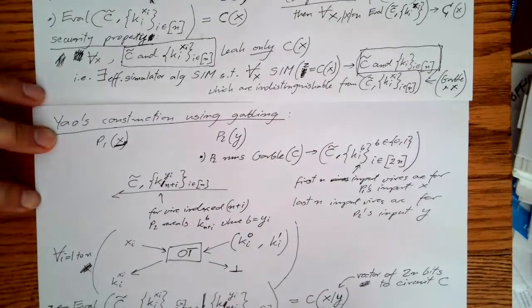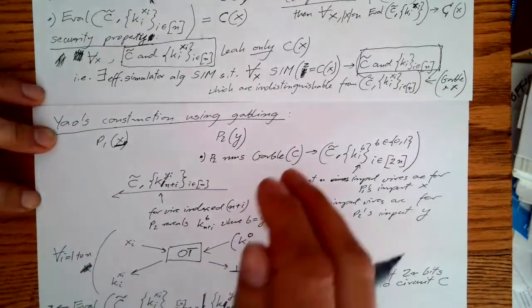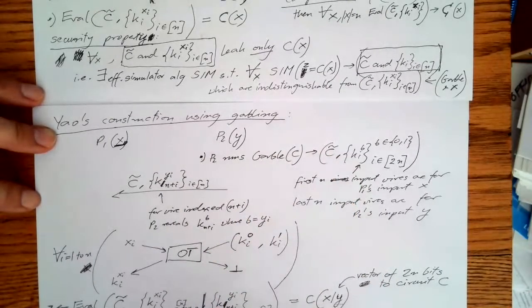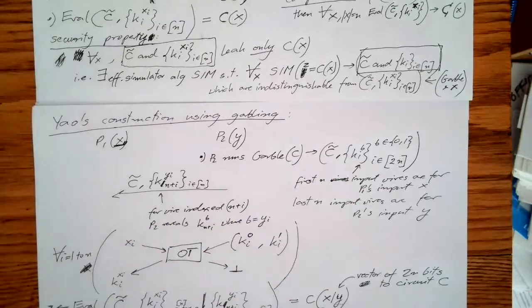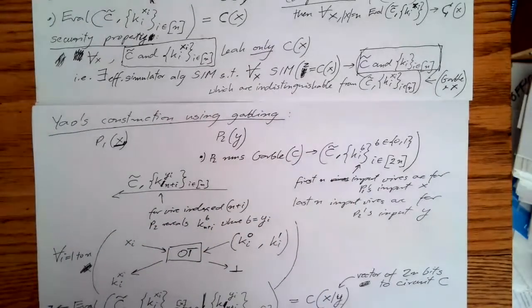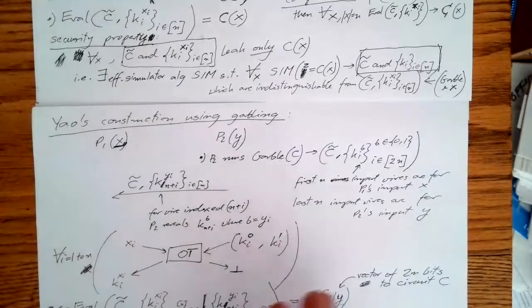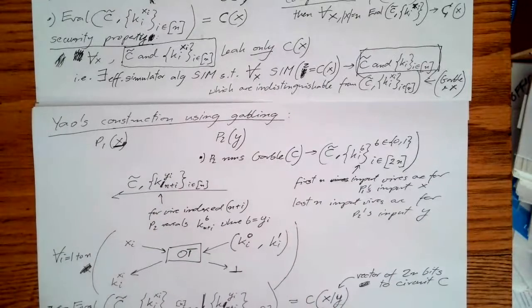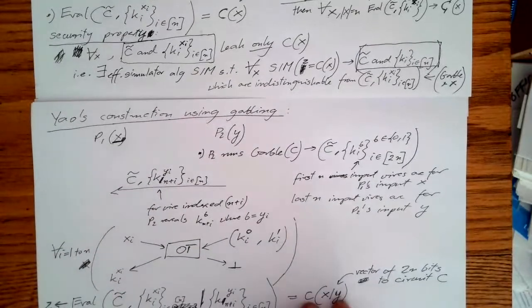So we'll look later at ideas for how to force honest behavior from P2, or tolerate any divergence and still show that whatever divergence happens will either be caught and P1 will terminate and not send anything, or whatever it sends leaks out only what can be simulated from the outputs of the circuit.